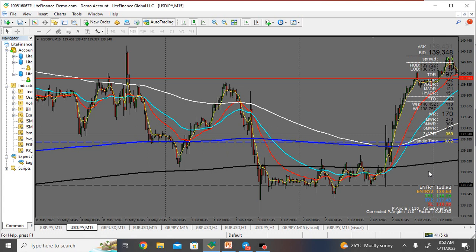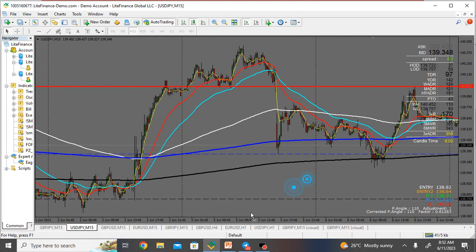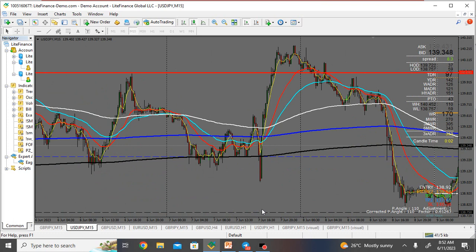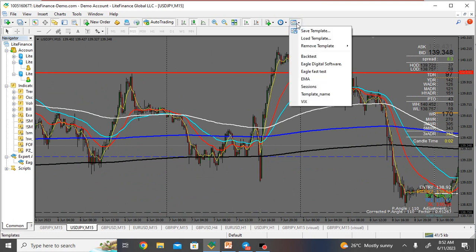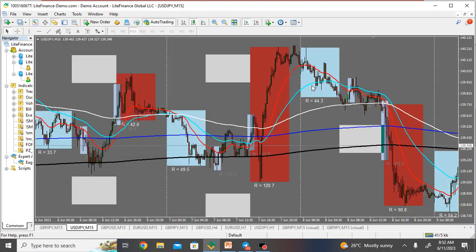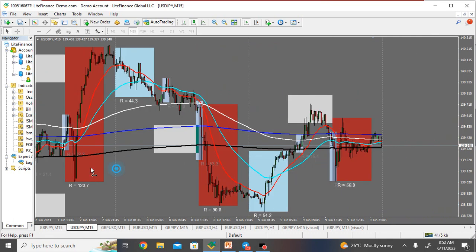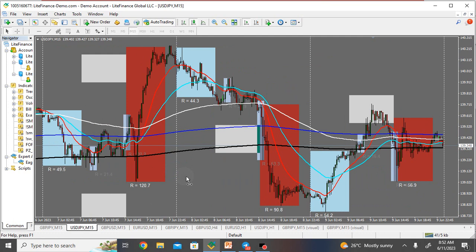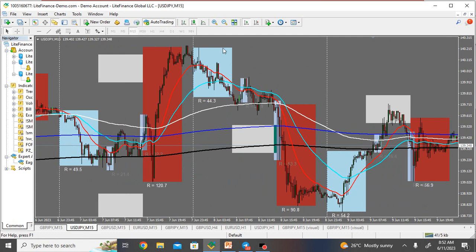For example, you need something we call sessions. This is the sessions. If you see this box, these represent sessions. The first box you see right here is the Asian session.